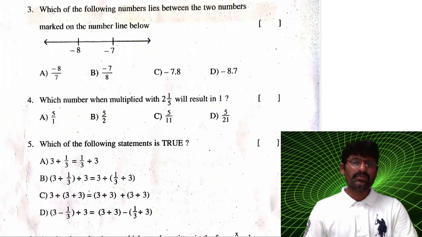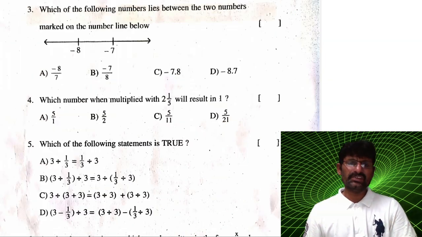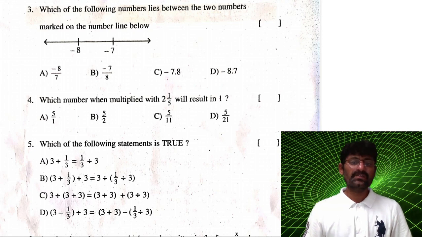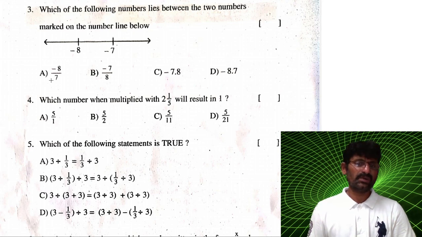Third problem. Which of the following numbers lie between the two numbers marked on the number line below? Here we are given -8 and -7. If you observe the options, A, -8 by 7, is approximately equal to -1 point something. So this is not in between -8 and -7.